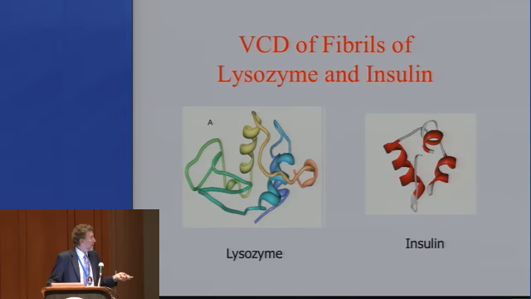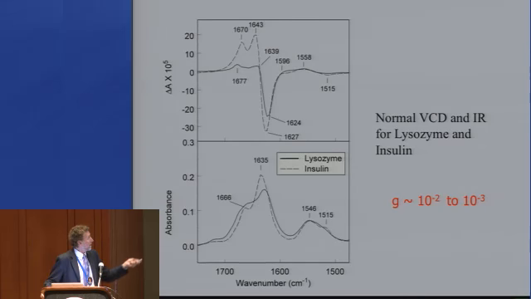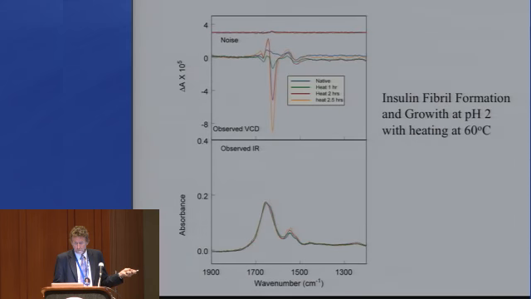These are 2 different proteins that give virtually the same VCD spectrum. This is a comparison of lysozyme and insulin, which have remarkably different VCD spectra, but as fibrils, they have almost identical intensities and very nearly the same relative intensities. And you can also follow fibril development with time, just heating, watching the fibril grow while almost nothing happens in the IR.